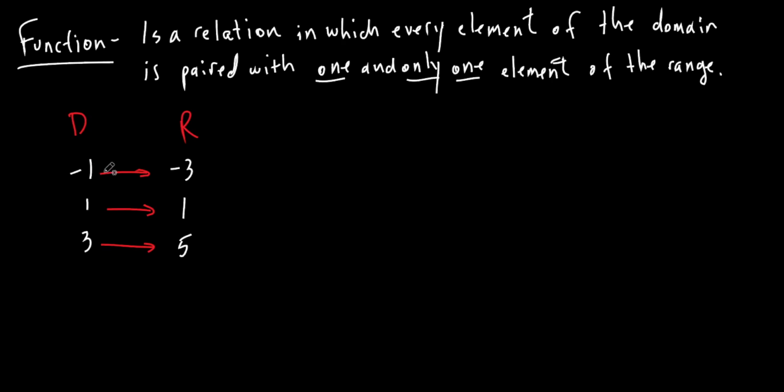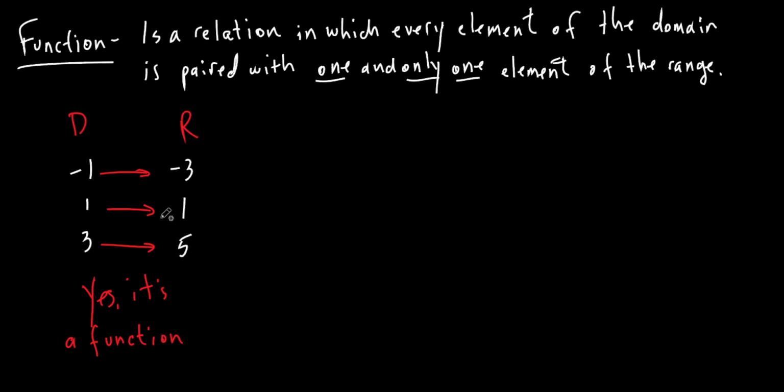So -1 is only paired with -3 and nothing else. Everybody see that? 1 is paired with 1 and nothing else. One and only one. 3 is paired with 5. Again, not with anything else. So is this a function? Yes, it's a function. I'm going to write that whole thing down.